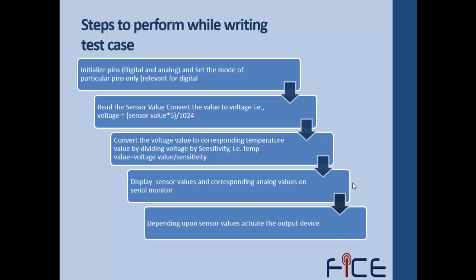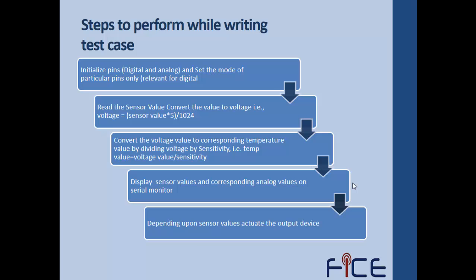Next, we learn about the steps to perform while writing a test case. Here we learn how to interface an analog sensor, or how to code an analog sensor, to the Intel Galileo Gen 2 board.